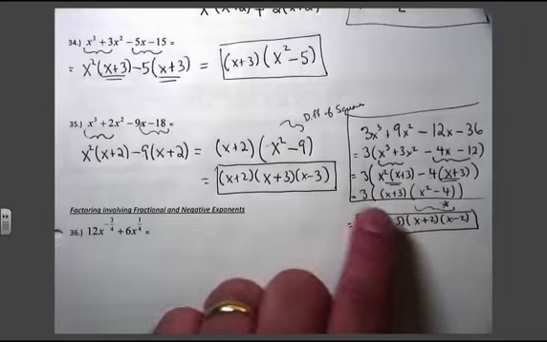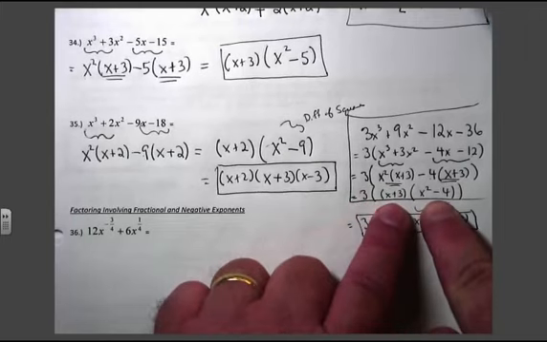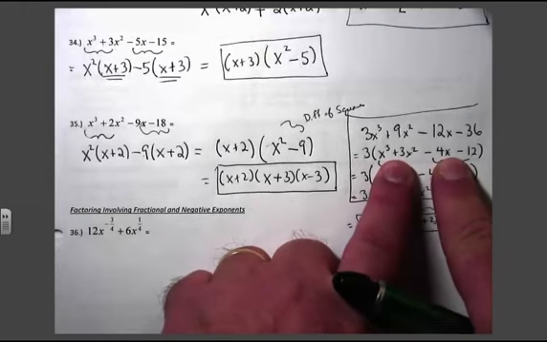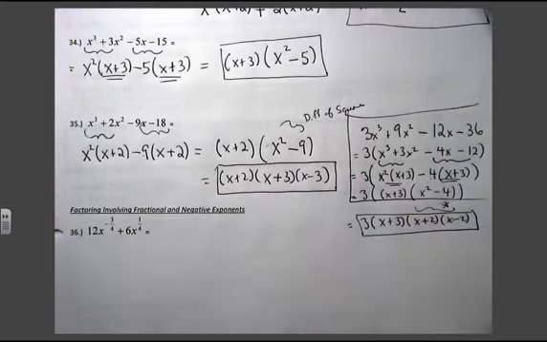Then you FOIL this thing out, and you get something that looks like this. Then you distribute the 3, and you can walk your way right back to where you came from. It'll work backwards. It'll take you like 20 minutes, because these are much bigger problems, but folding it right back out is going to do the same trick.